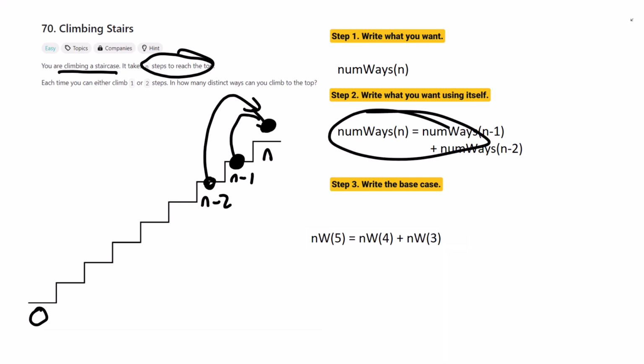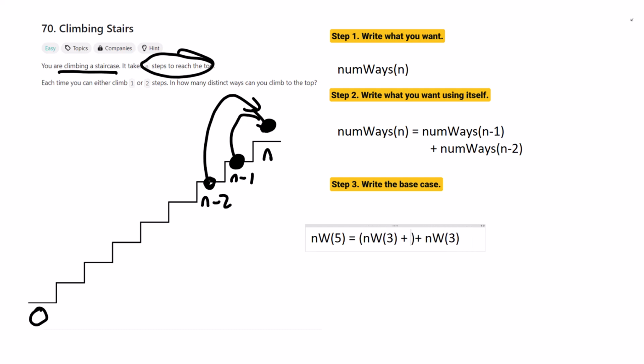And then you can use that to break down these problems. The num ways of 4 is equal to num ways of 3 plus num ways of 2. And you can just keep breaking the problem down.